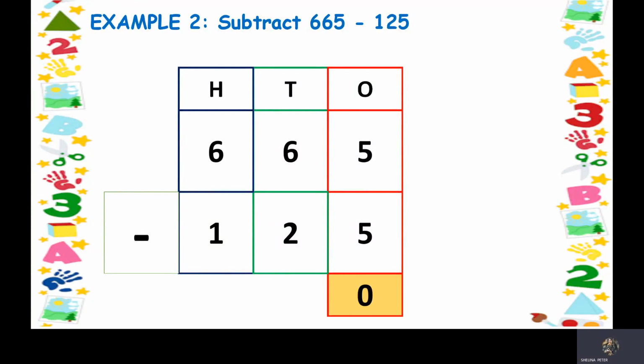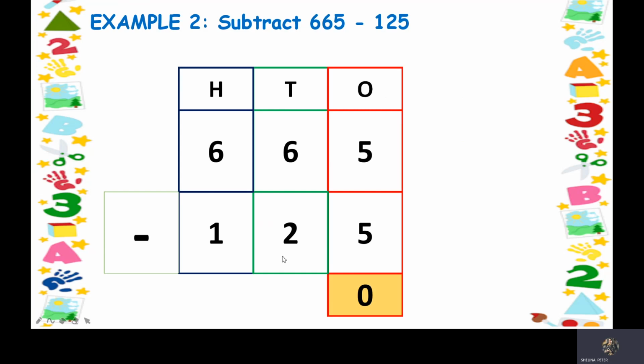So how many toffees will be left with you? You will have no toffee left with you. That's why we have written 0 here. So always remember, whenever same numbers are there and you have to subtract, you will get 0 as the answer.